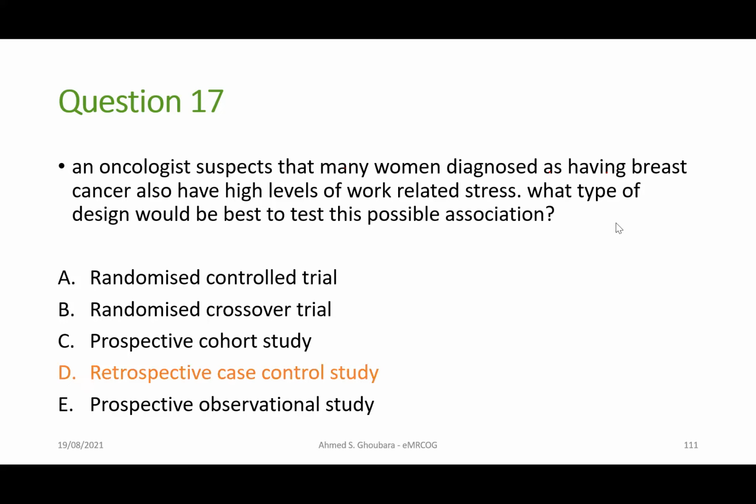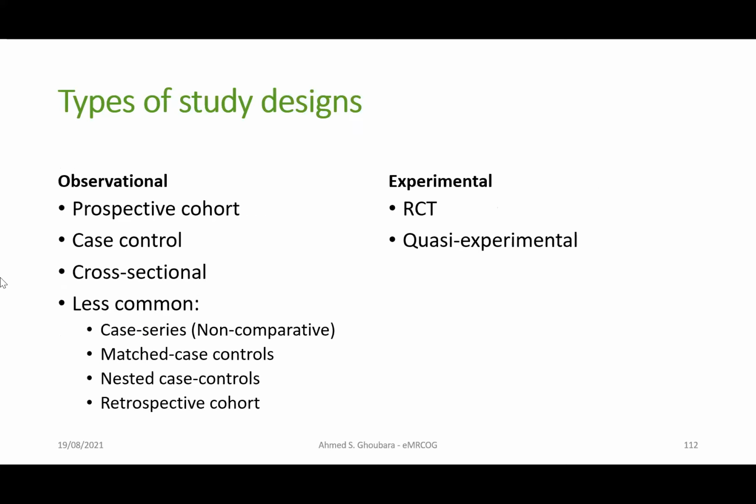Now, let's discuss types of study design. So we have observational and experimental. What do you mean by observational and experimental? Observational, you don't do any interference with the patient. You just observe what's out there already.